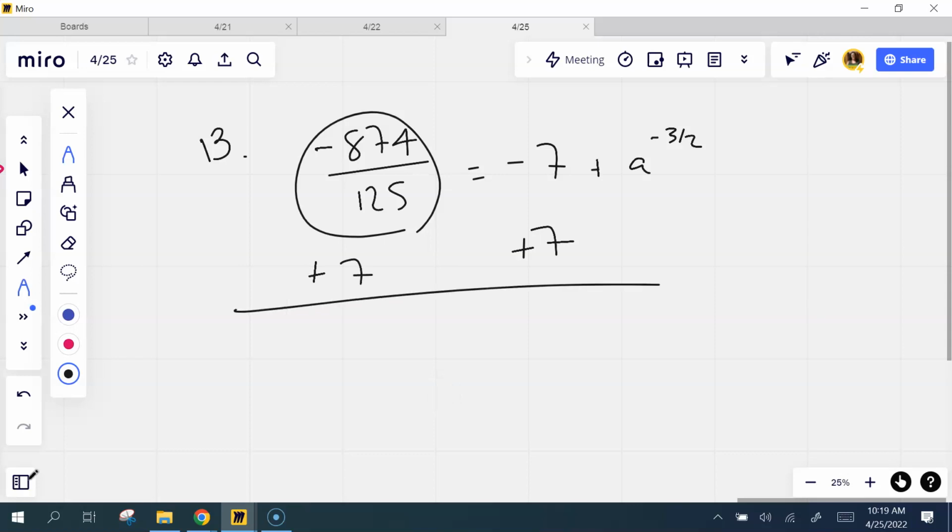Okay, so take out your calculator and do negative 874 divided by 125 and hit enter. And then do plus 7 and then hit math, enter, enter. 1 over what? Well, that's quite convenient. Did you not get that?